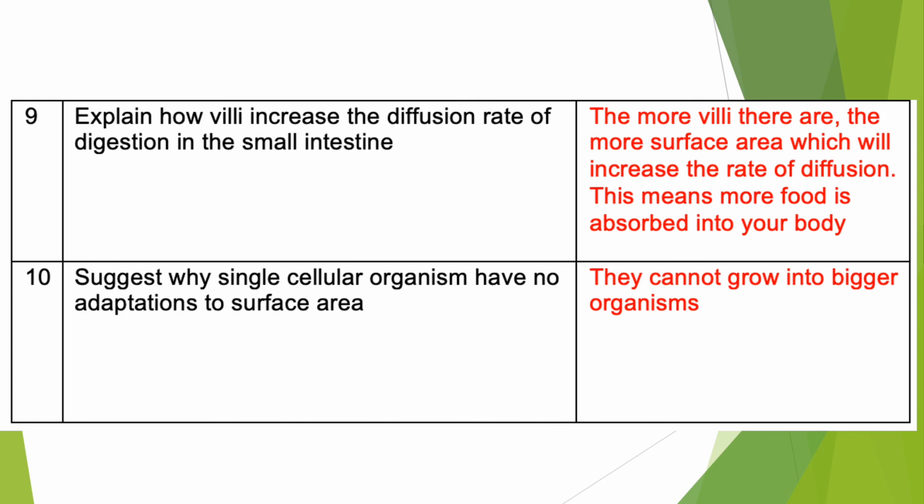Their entire body is able to diffuse, so they don't actually need a bigger surface area. They have the biggest surface area they can possibly get. And in order to increase the rate of diffusion, they would have to become bigger, and they can't.